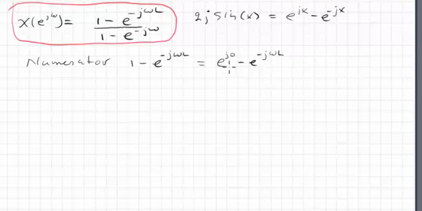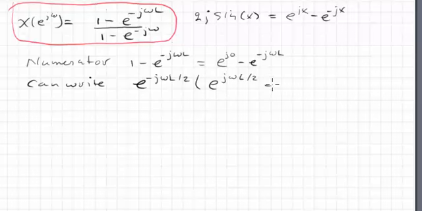My contention is that if we're clever, we can factor out something and get this into a form that looks like that. So consider that I can write this as follows: e to the minus j omega L over 2 times e to the j omega L over 2 minus e to the minus j omega L over 2. You see what I did?